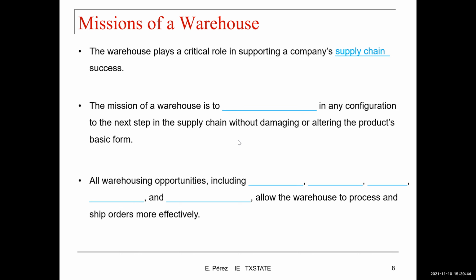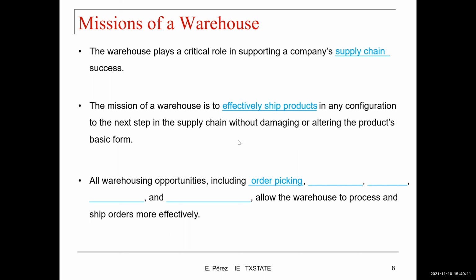So the mission of a warehouse is to efficiently ship products in any configuration to the next step in the supply chain without damaging or altering the product's basic form. It's not only making sure that those products are in the right truck and their destination is correct, but also that this product is able to get to the final destination without being damaged.